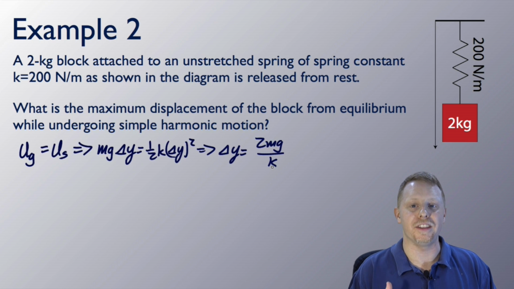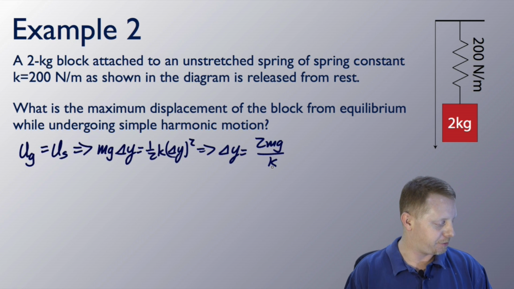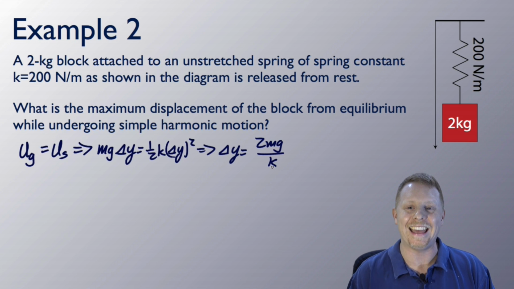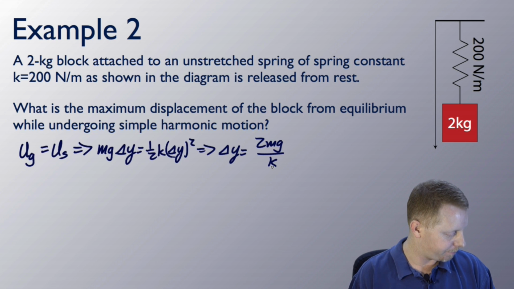And if delta y is the total displacement of the block from its highest point to its lowest point, well, the maximum displacement of the block from its equilibrium point, a, must be half of that delta y.